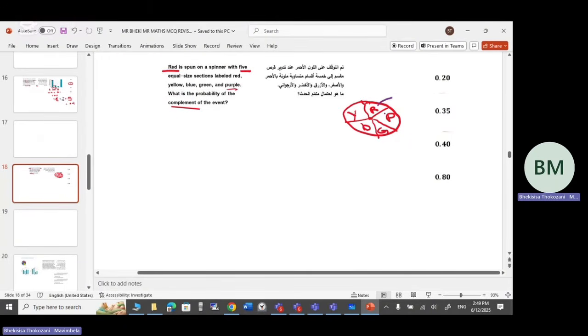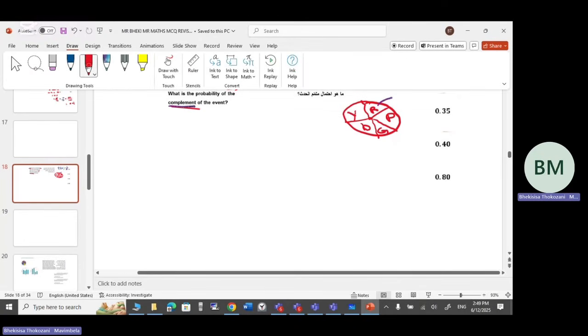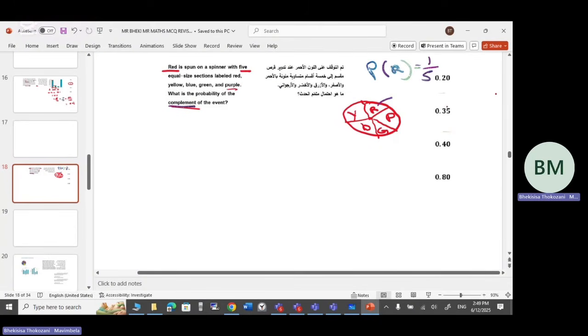There's only 1. So the probability of red is equal to 1 over 5. That's not what I'm looking for. I'm looking for the probability of not red, because once they say complement, it means that they're looking for the opposite. Always remember that. Opposite of what was given to you.